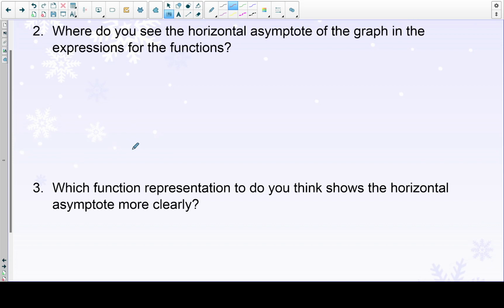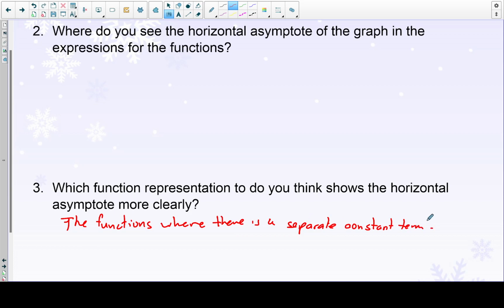So the functions where there is a separate constant term. Okay?